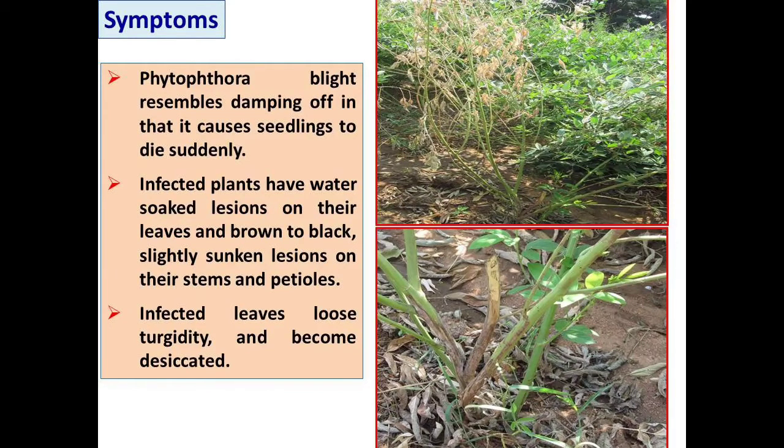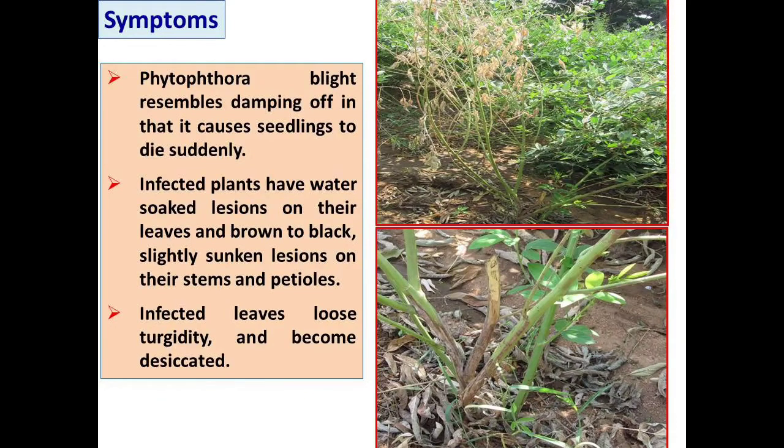Here you can see the symptoms of this Phytophthora blight. The symptoms are confused with damping off type symptoms, causing seedling mortality, and infected plants show water-soaked lesions on the leaves and brown-black, slightly sunken lesions on the stems and petioles.